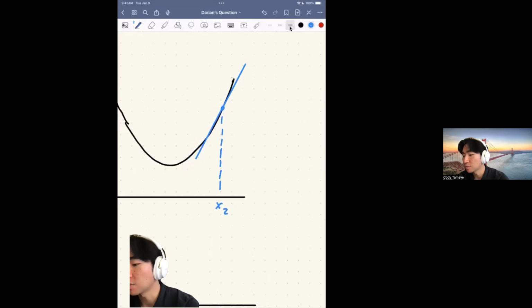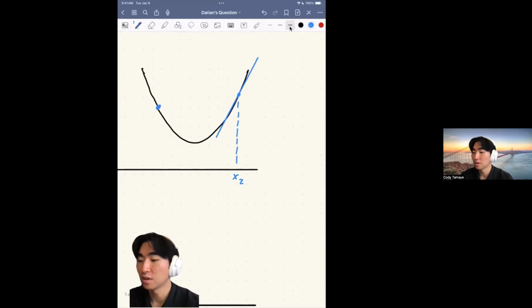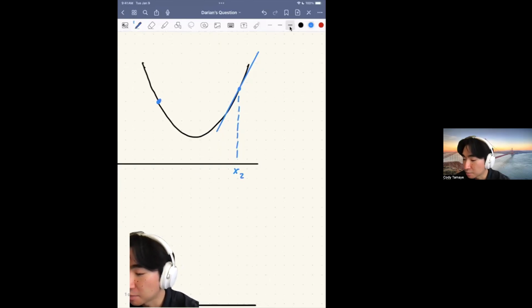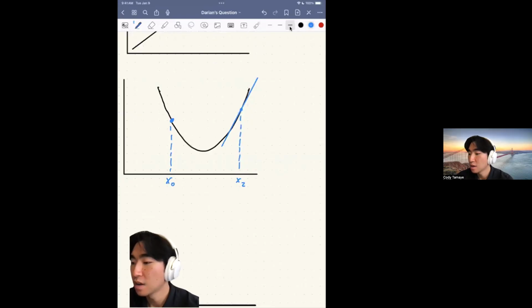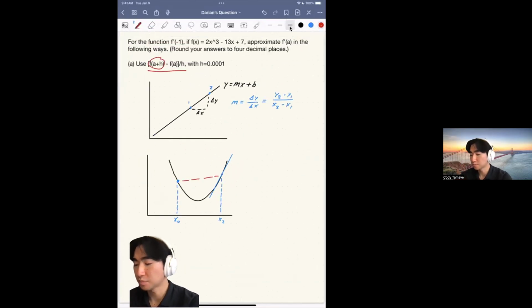Well, in order to approximate this value, we can select some arbitrary value and say this is value x0. The slope between these 2 points is defined the same way as before.